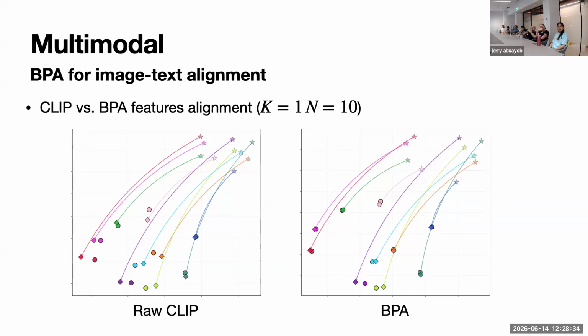You can think of the circular dots as image representations and the stars as the text, or vice versa, and that's our alignment.